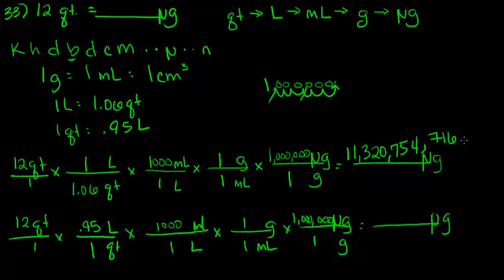This is a ridiculous number. Okay, so that can be rounded up if you want to 717. That is 11,320,754,716.98 or 717. So this could be a 17 if you wanted it to be, if you wanted to round up.